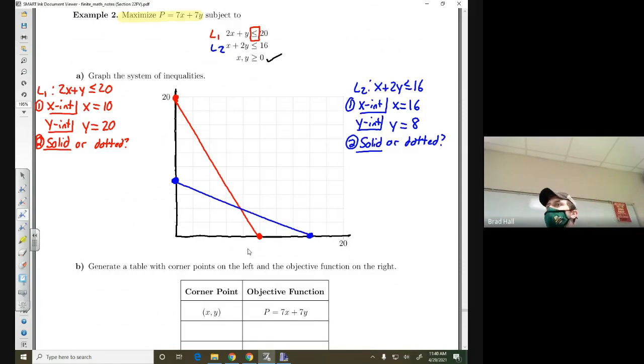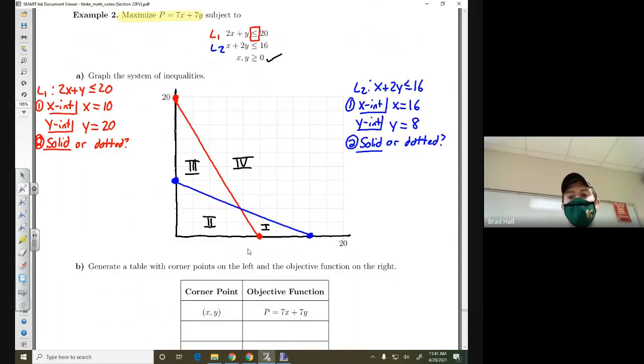Now that all of the lines are drawn, we can figure out where we shade. In essence, we have 1, 2, 3, 4 different regions. We need to figure out which one of those 4 we shade. Let's start with the red line, the first line.